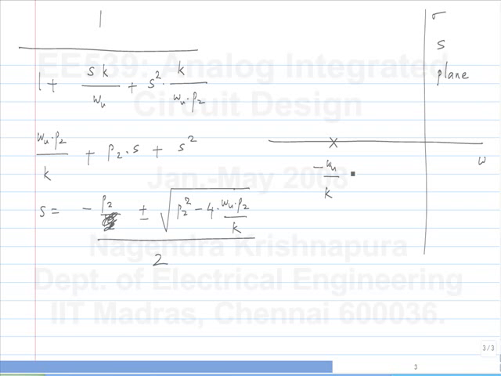And as you change P2, what happens to the poles? Where are the poles when it's critically damped?